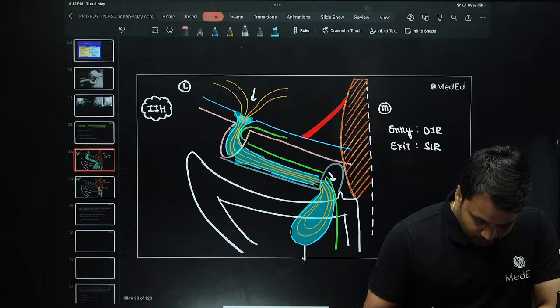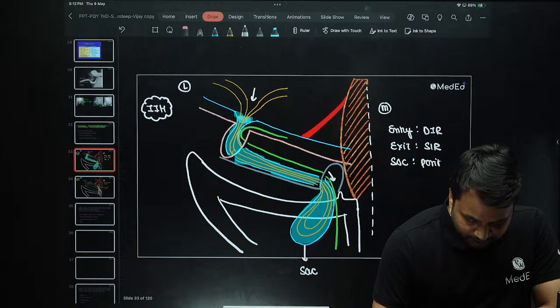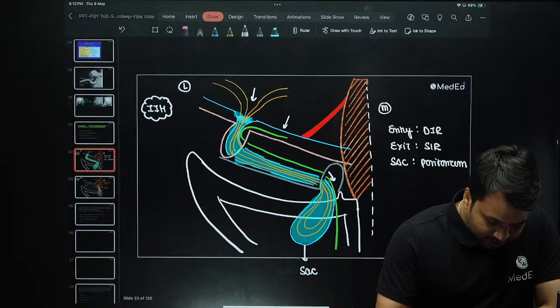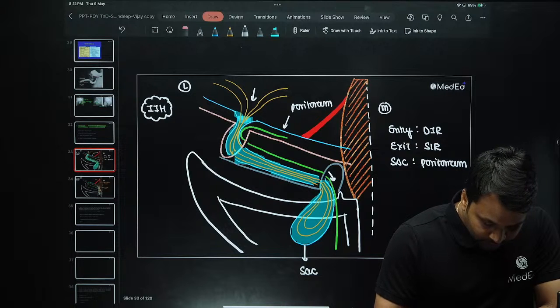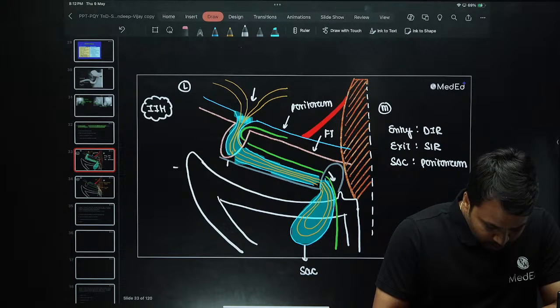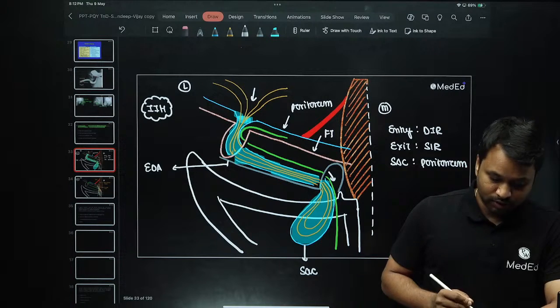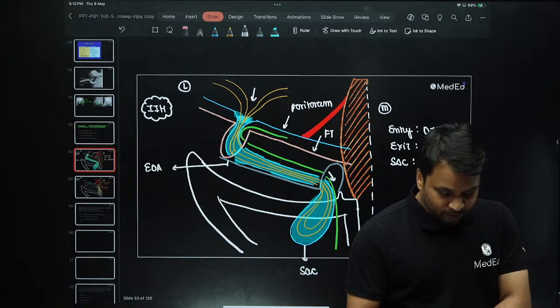Now this is what we call the sac. The sac of the indirect inguinal hernia is made up of peritoneum. As you know, this is the peritoneum that you have. Now this happens to be your fascia transversalis, and this is your external oblique aponeurosis. Now the sac is made up of peritoneum.